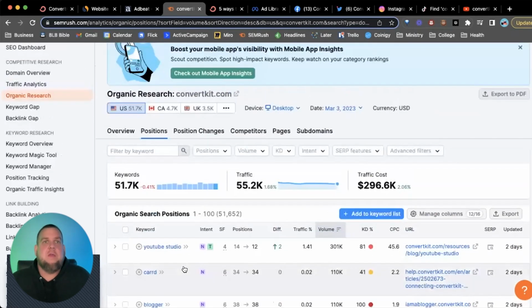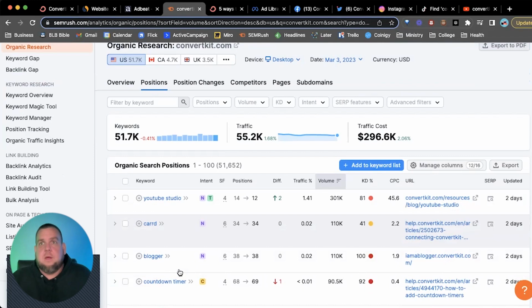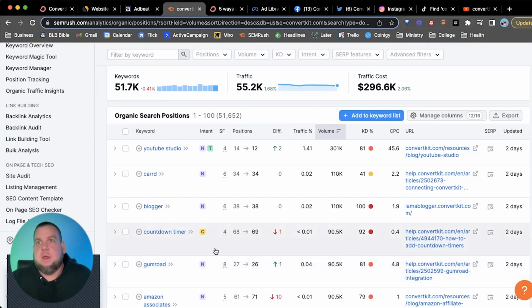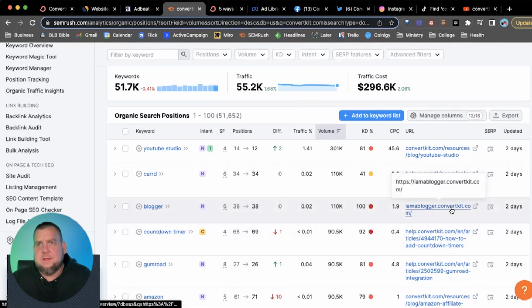But we see their strategy is that they know they're going after creators, right? And so what is a creator? A creator is a YouTuber, a blogger, course sellers, people who are creating information, creating content online, and then trying to make money by creating content online. And again, this one is not necessarily ConvertKit themselves.